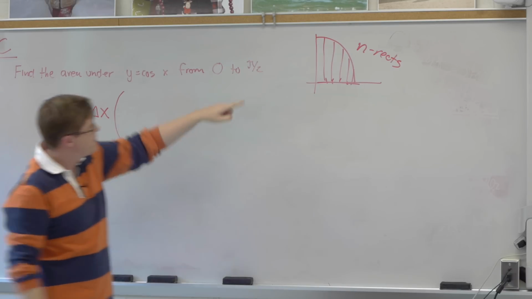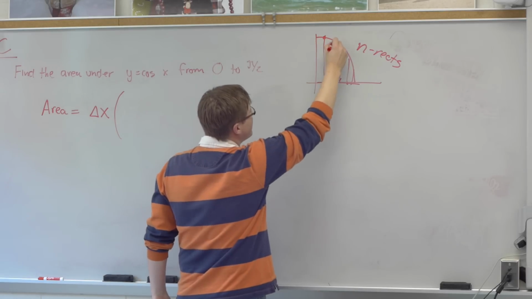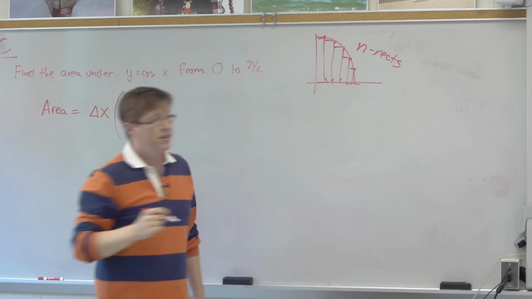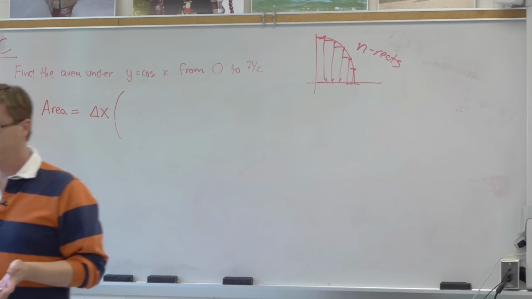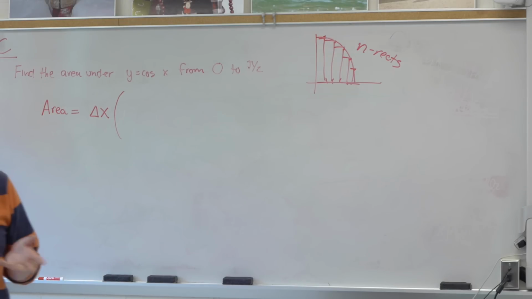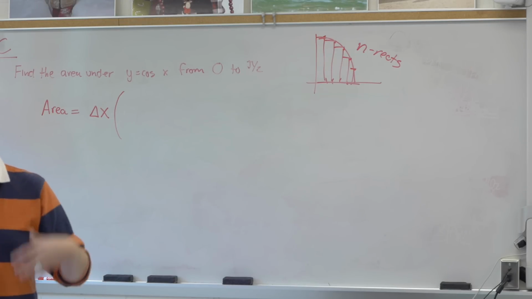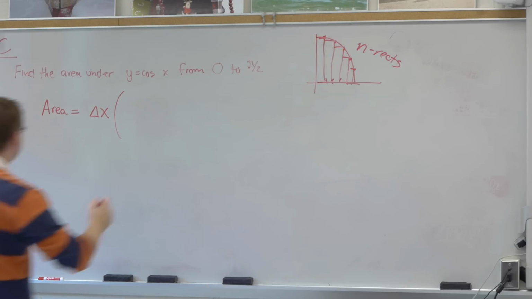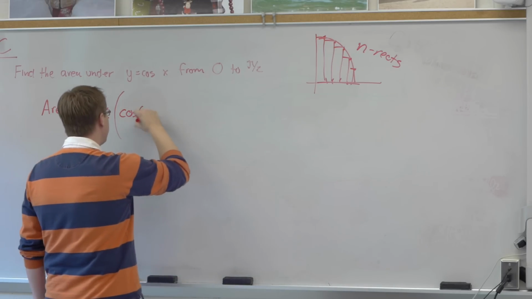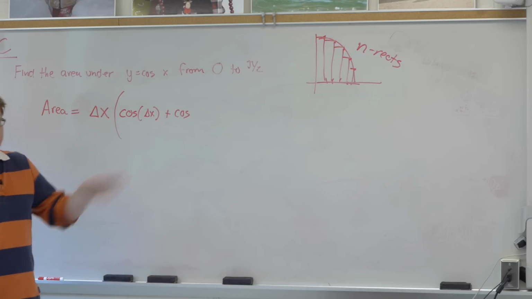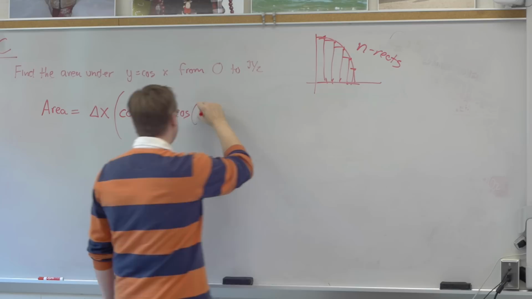Well, the heights of all these rectangles is the cosine function. So I'm going to be taking cosine of the first x and the second x and the third x and all those things. So it'll be cosine of delta x plus, then 2 rectangles out is 2 delta x.